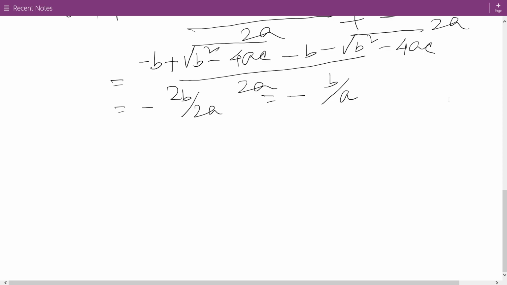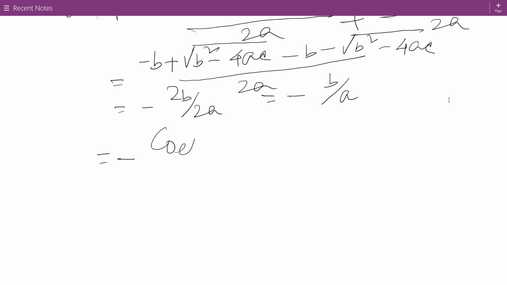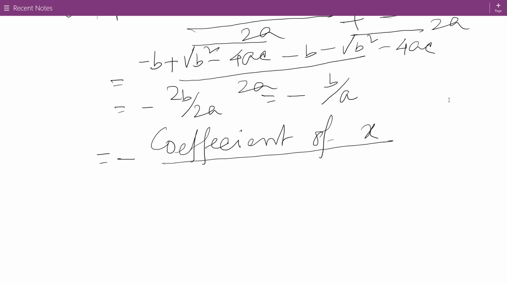You can write in this way. What is b? B means coefficient of x, by, what is a? Coefficient of x square.